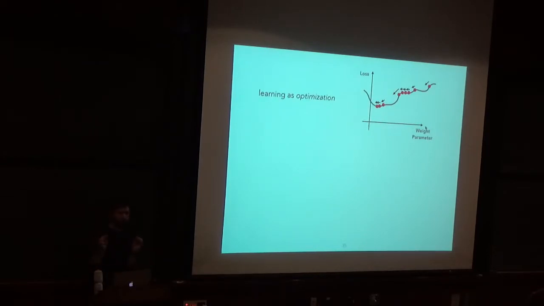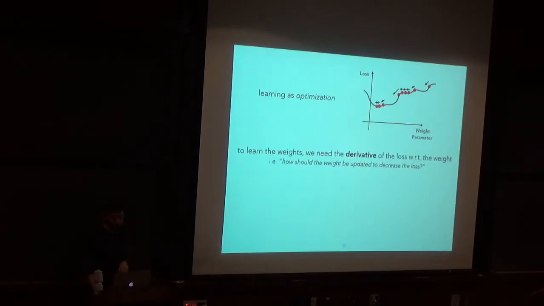If we vary the parameter, we might see different values of that loss, so different qualities of fit to the probability we're trying to estimate. And so what we would like to do is push the value of that weight toward where that loss is minimized. So this is just standard optimization through a gradient-based technique of moving down this hill.